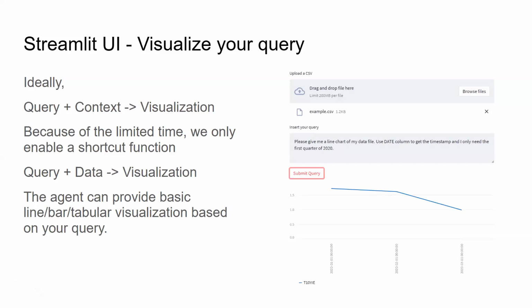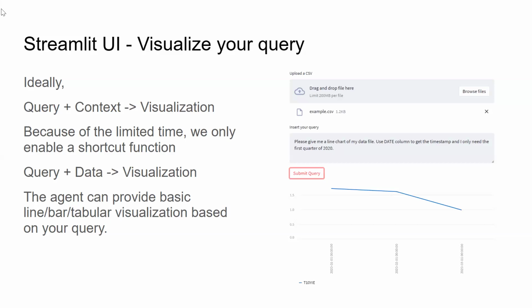Oh, okay. So you have a predefined schema. Yeah, we hard code the schema into the prompt. And how do you get the data? Right now it's a CSV file.